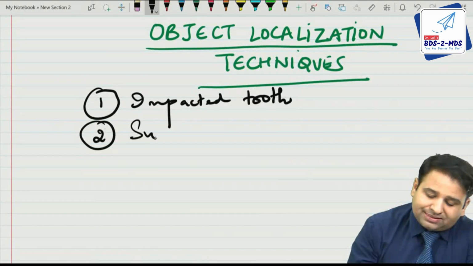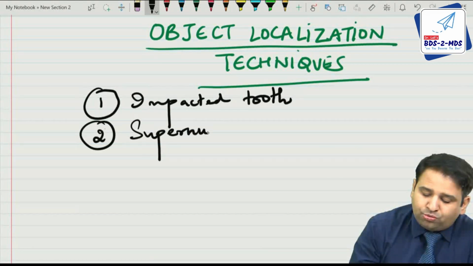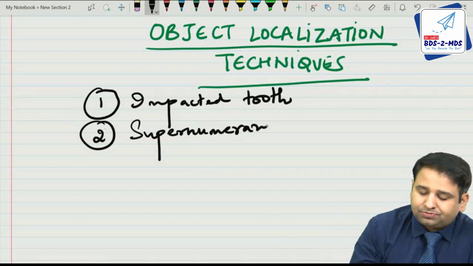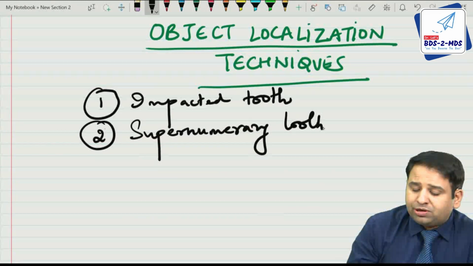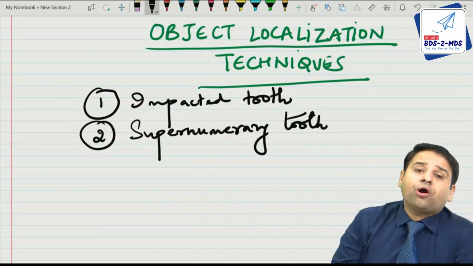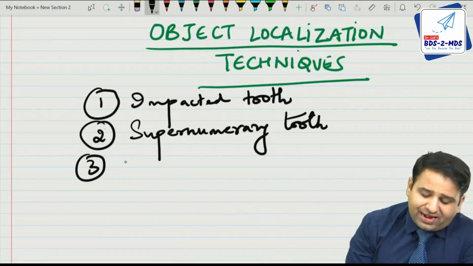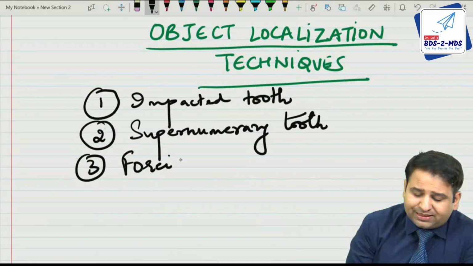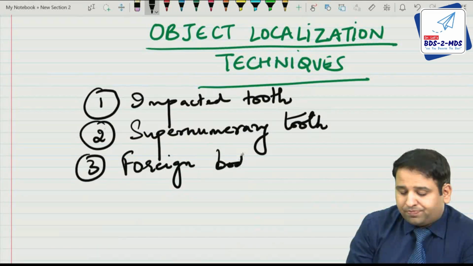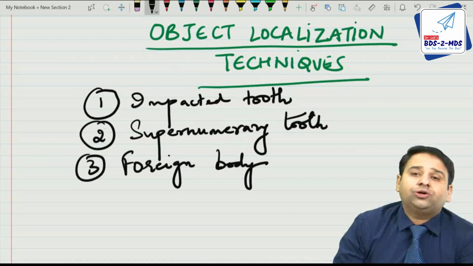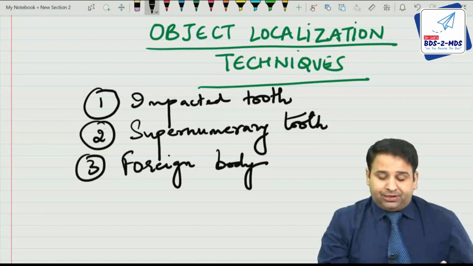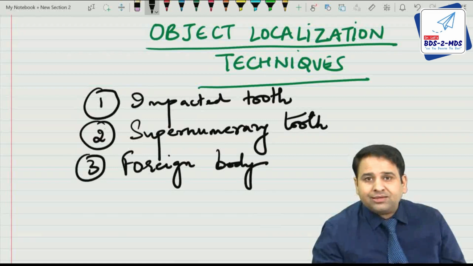If there is presence of a supernumerary tooth, we need to localize it using these object localization techniques, right? If any foreign body is present, again we would like to localize it, so that we know exactly where it is.